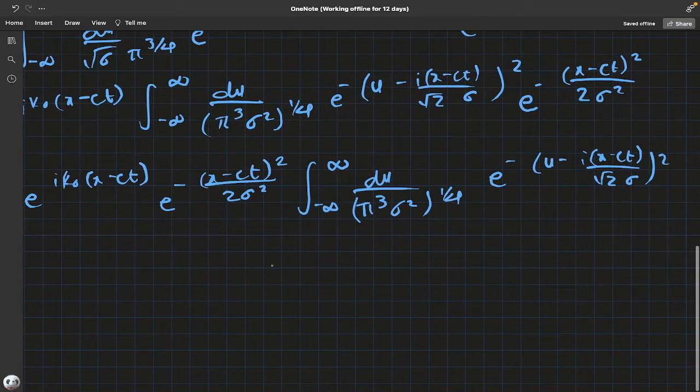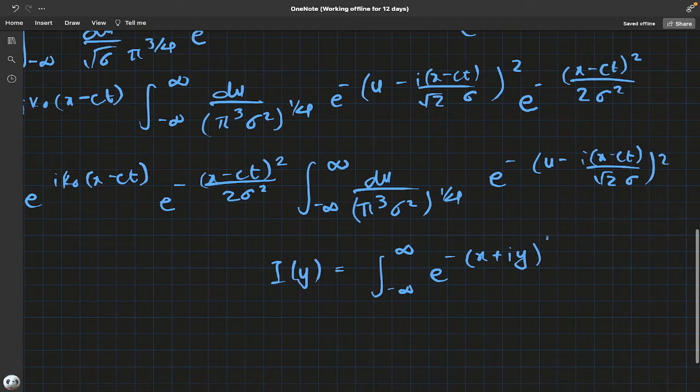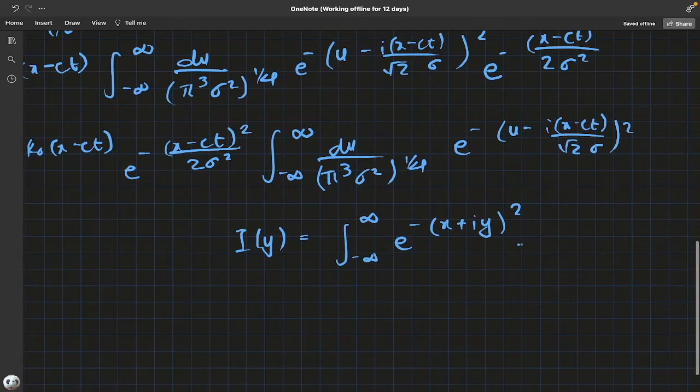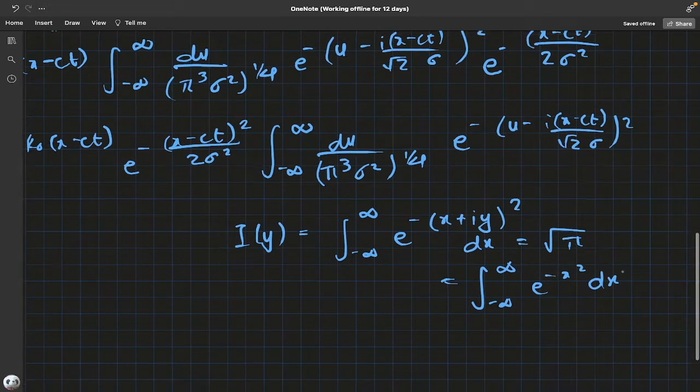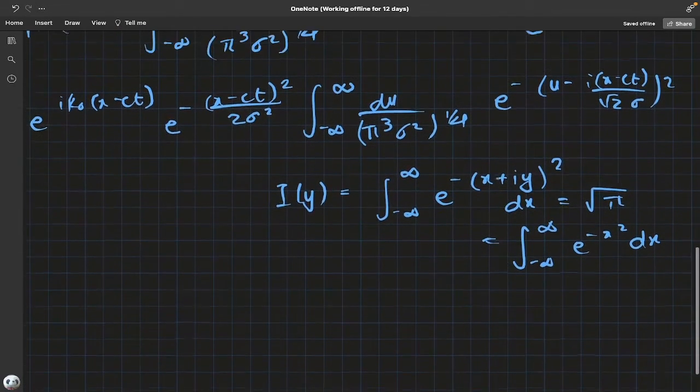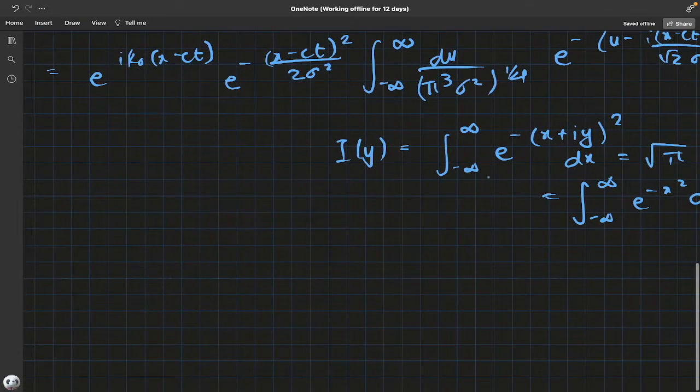And one interesting identity or formula. If you have a complete Gaussian on the entire interval, but offset by this imaginary factor, that's still going to be equal to square root of pi, as if it were the Gaussian that weren't offset, or if it were the real Gaussian. It's an interesting thing you can prove with complex analysis. It's pretty easy.